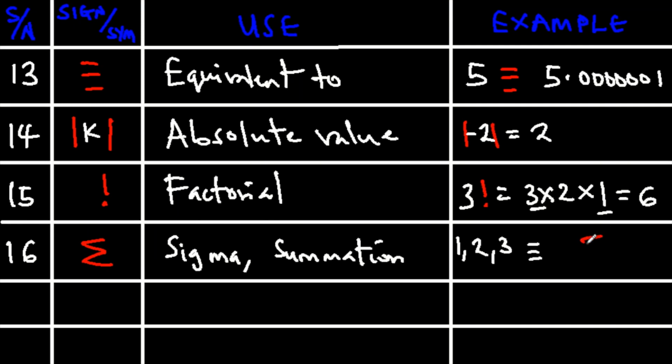We will simply put our sigma sign, and then we'll put our integer n, and then we'll give our sigma some range of values. So as we can see, our numbers range from 1 to 3. So we put 1 below and 3 on top. So the sum of 1, 2, and 3 is the same thing as sigma n from 1 to 3.